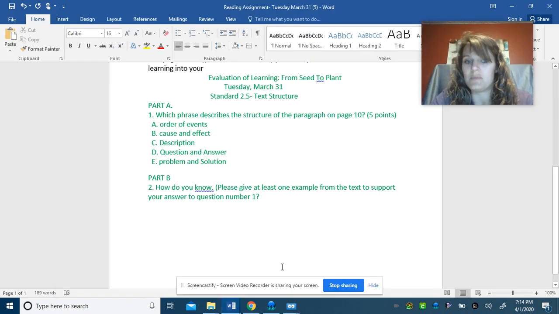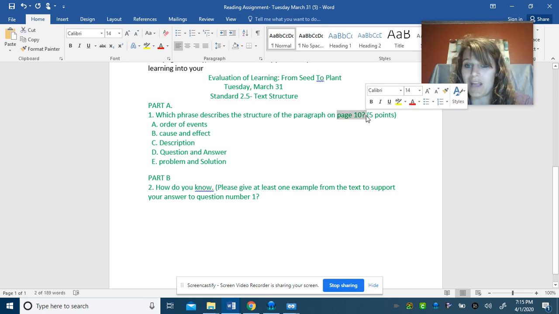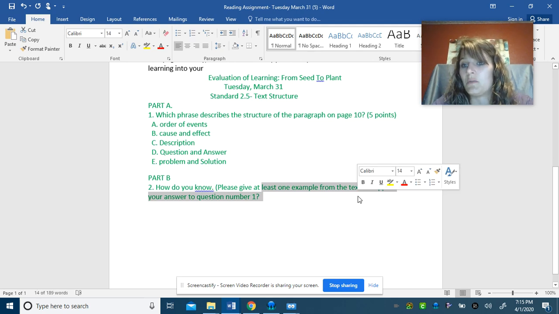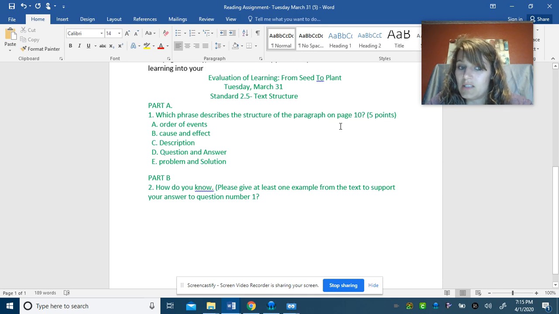Which phrase describes the text structure of the paragraph on page 10? So you are not doing my page. You are doing page 10. And then also you're going to tell me, how do you know? And you need to give me at least one example to support your answer to number 1. Okay, so you know multiple choice is worth 5 points. And when I give you extended response questions, they're usually worth 10 points.